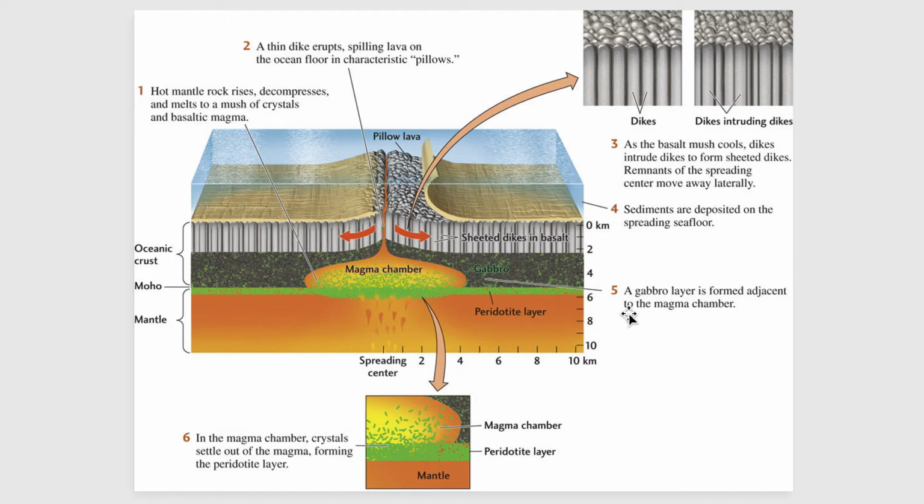And yes, number 5, a gabbro layer is formed adjacent to the magma chamber. I explained that already. So you do have this phase in which the spreading center will crystallize the gabbros. Important to state that in the magma chamber, crystals will settle out of the magma, forming this peridotite layer.